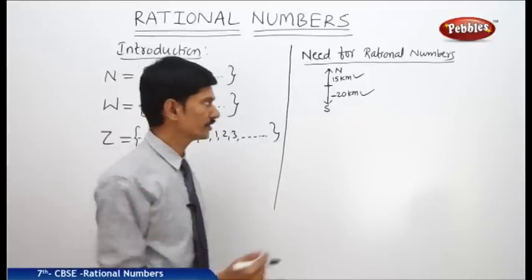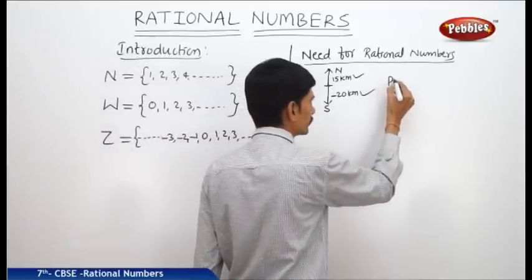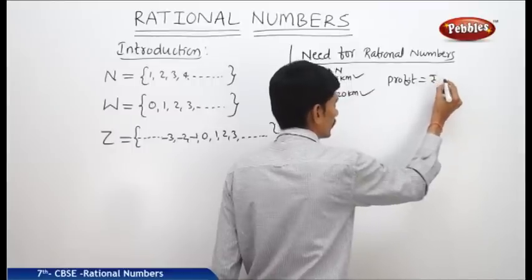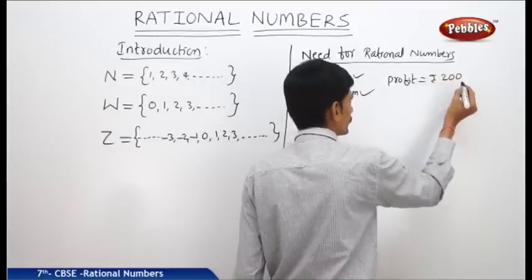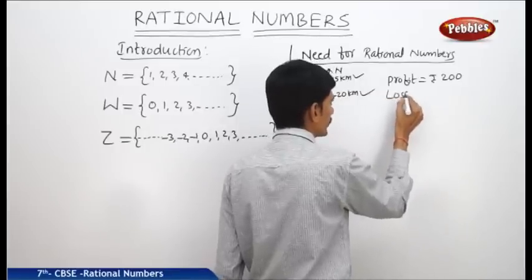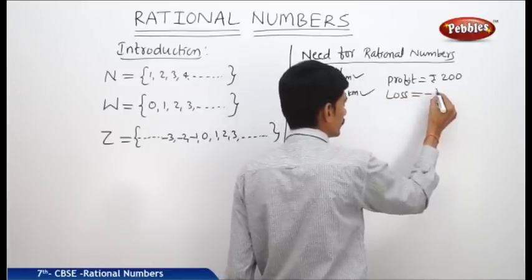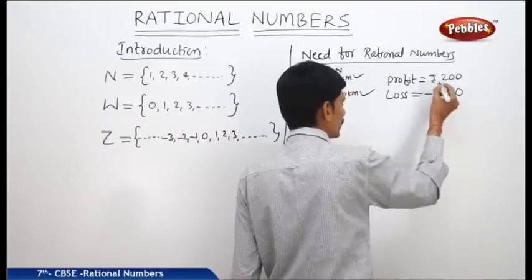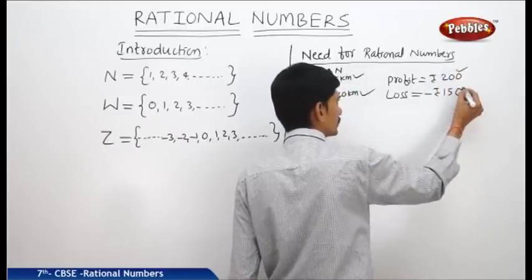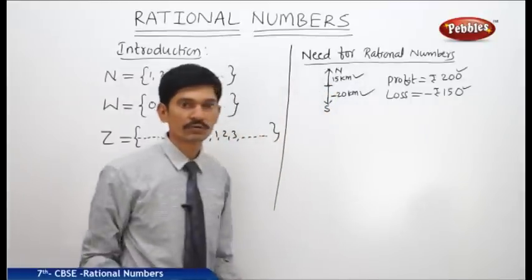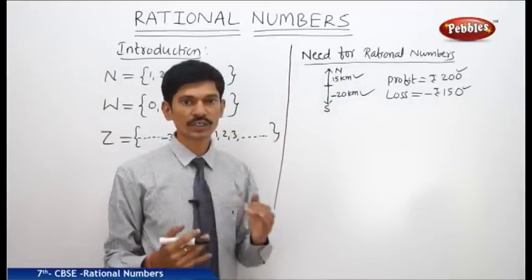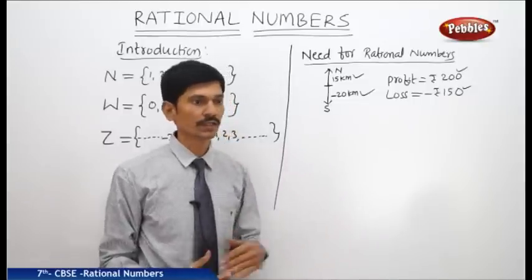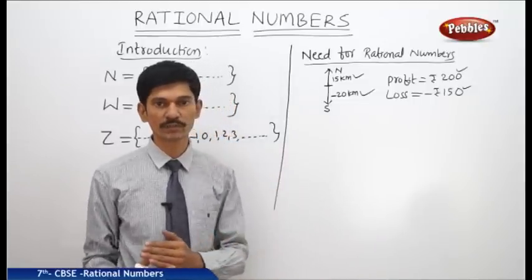And if profit is denoted by positive, say ₹200 is profit, then loss should be represented by a negative sign, for example minus 150 rupees. So here also this is a positive integer and this is a negative integer. The temperature above 0 should be denoted by positive and the temperature below 0 by negative.